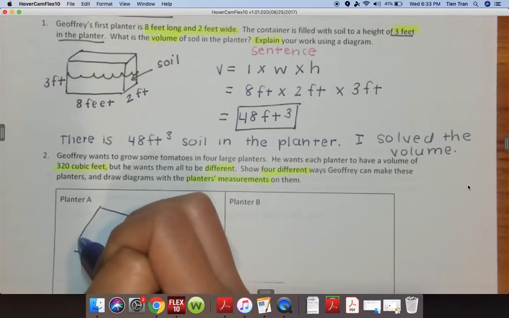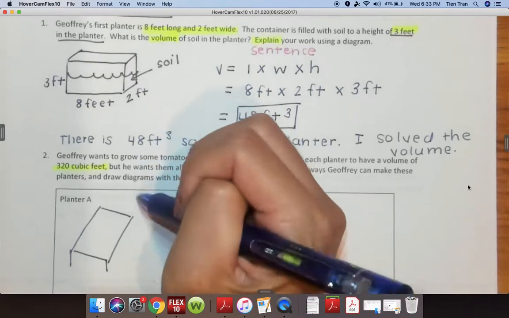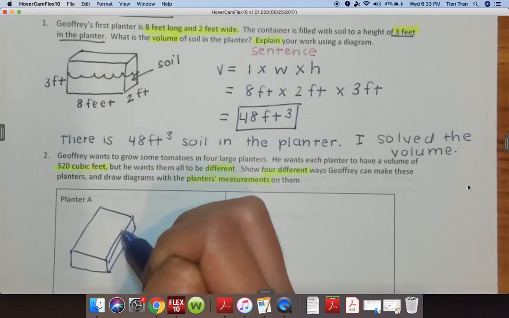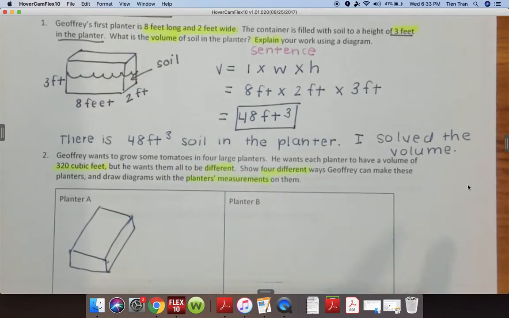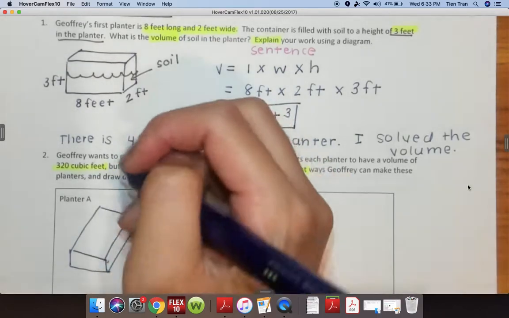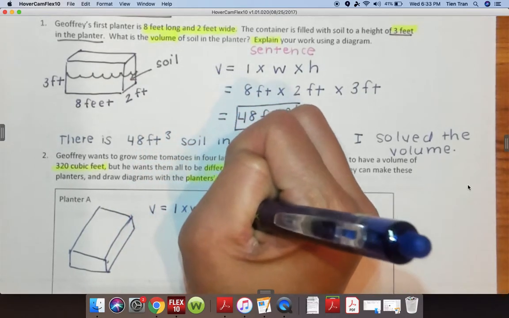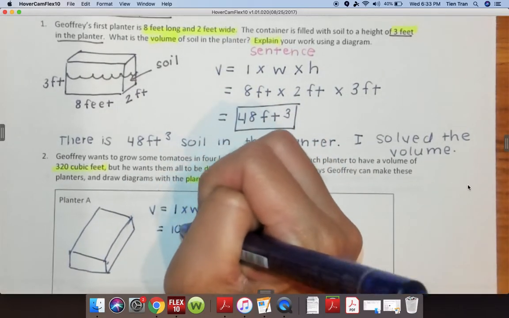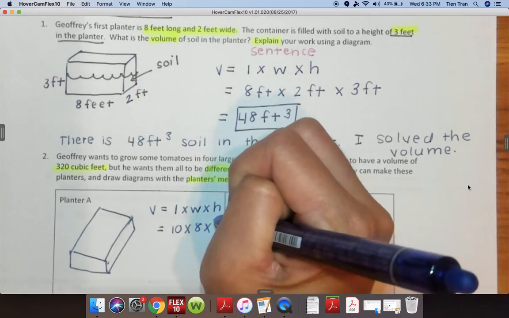This is the first rectangular prism. And I am going to make sure that I'm multiplying volume is equal to length times width times height. So I'm going to do it by 10 feet times 8 feet times 4 feet.